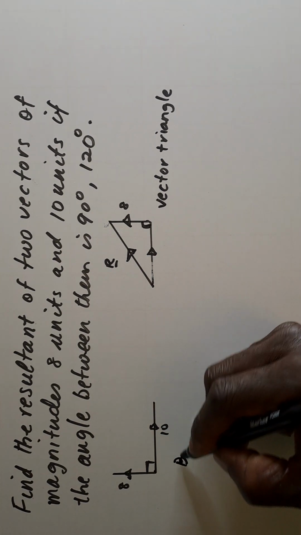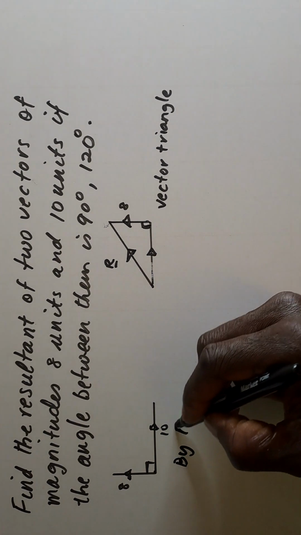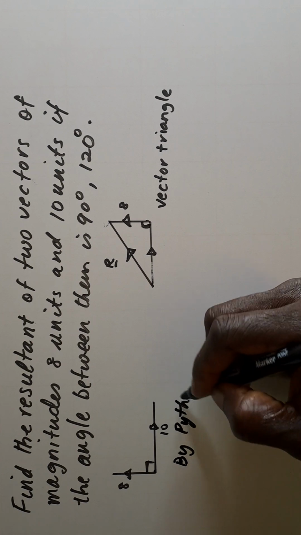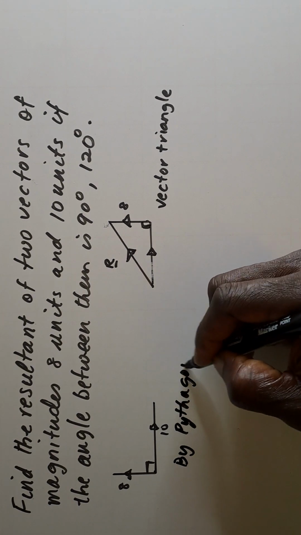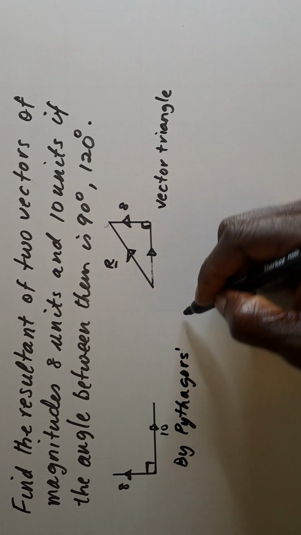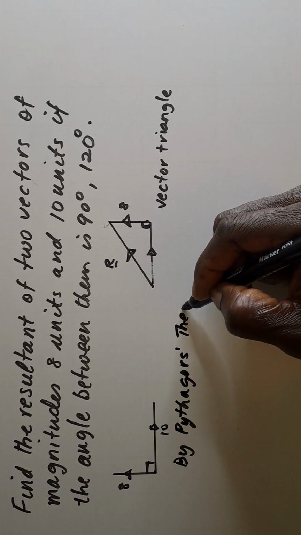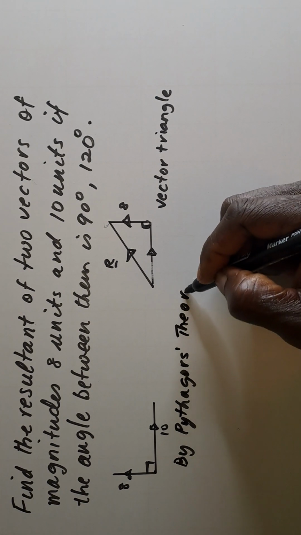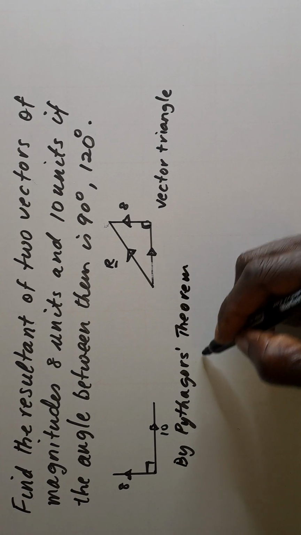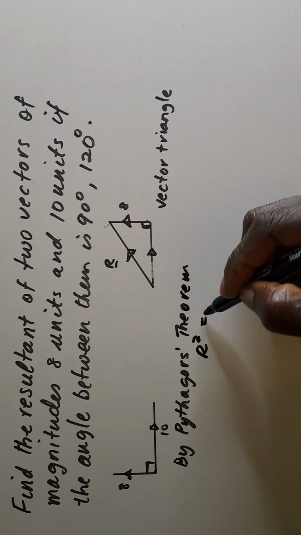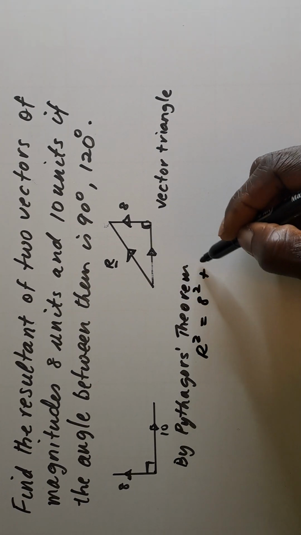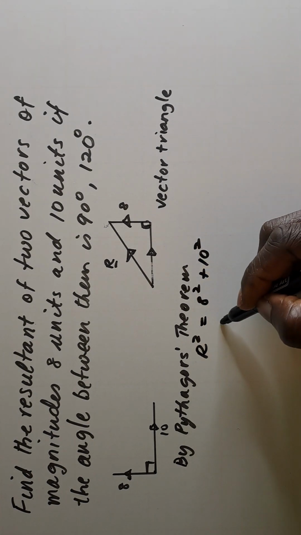So by Pythagoras' theorem, we have that r squared is equal to 8 squared plus 10 squared.